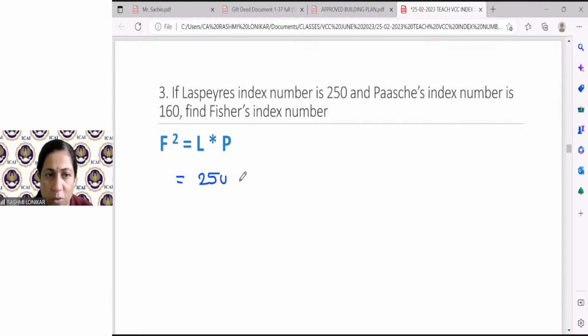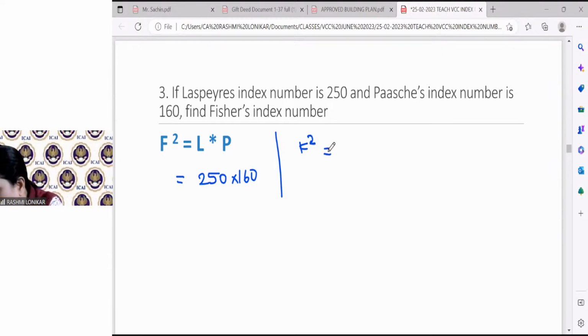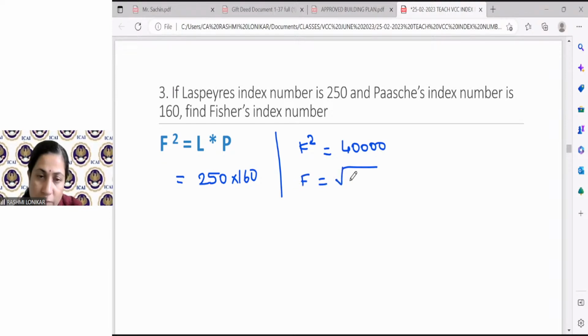Paasche is how much? 160. So we get F square to be equal to 250 into 160, which is equal to 40,000. So F will be equal to the square root of 40,000.